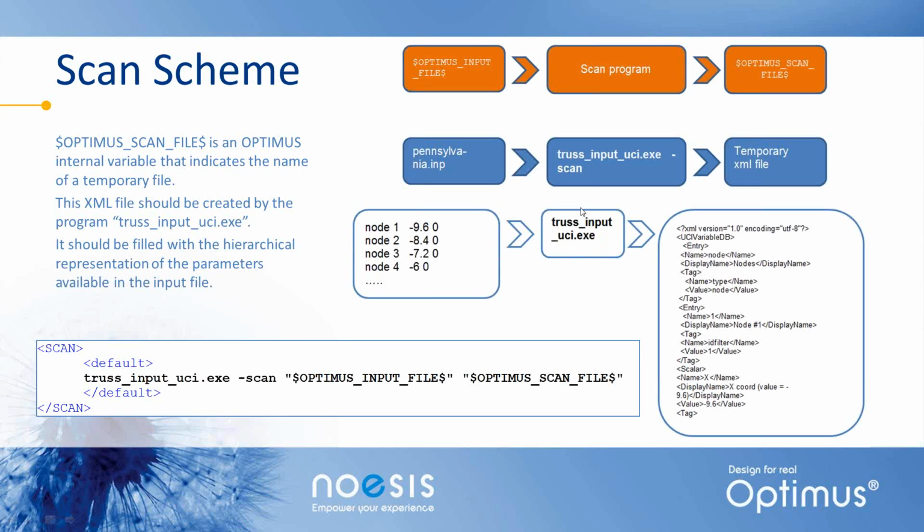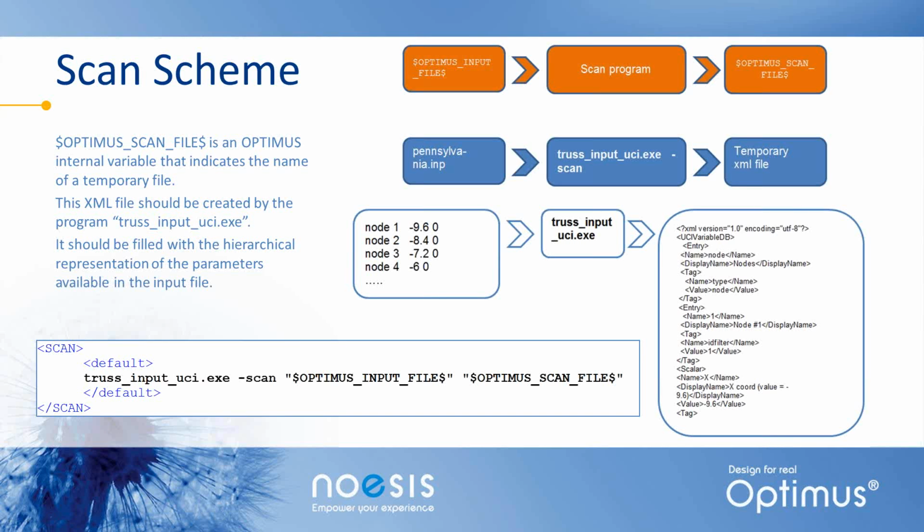We call this program that we have to code in any type of language that we want, like Java, C, or Python, or whatever. And any time that you load the input file in the graphical user interface, this program is transforming this input file into something similar to what you see on the right-hand side of the scheme.